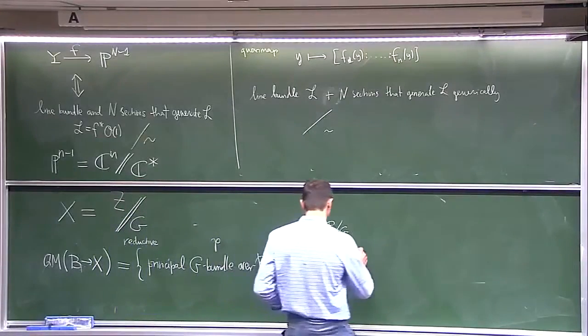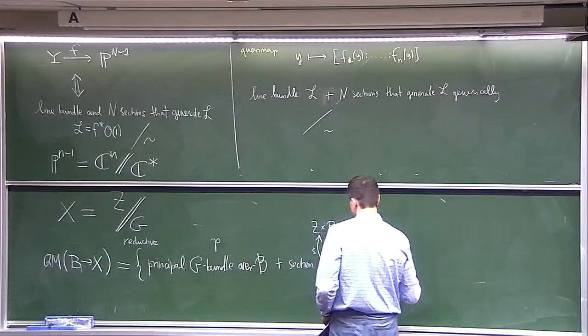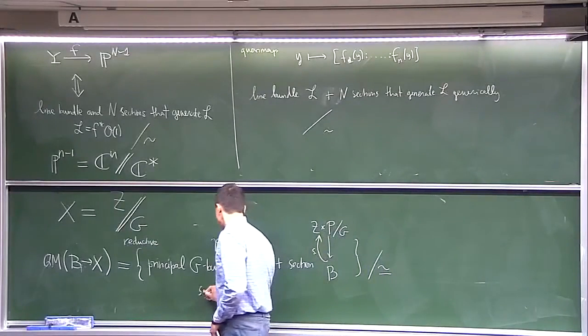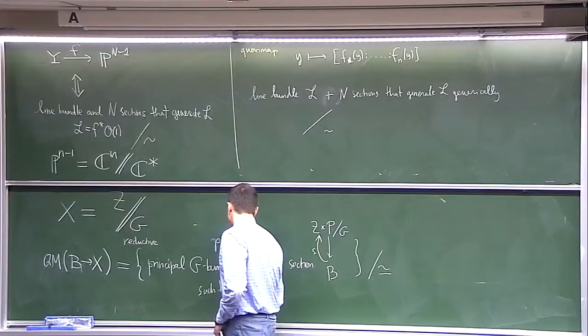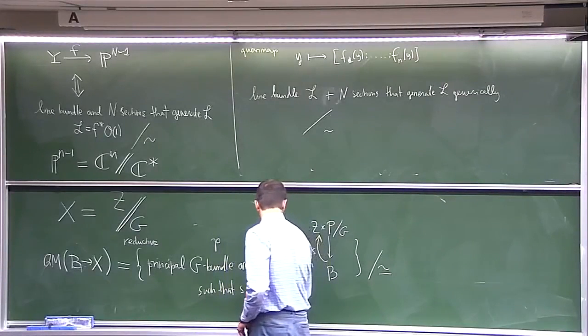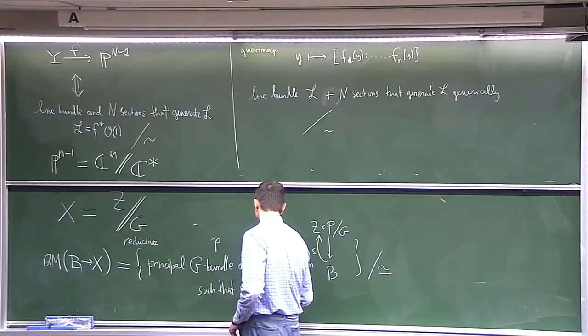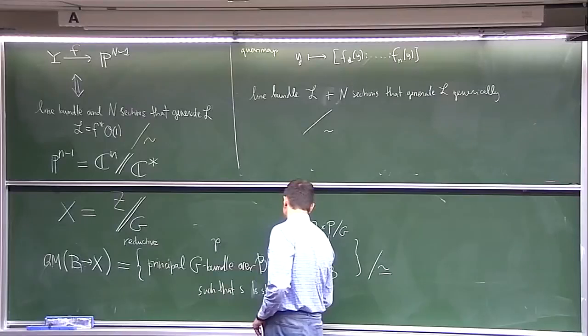And this is modulo isomorphism, such that the generic evaluation of the section is stable.